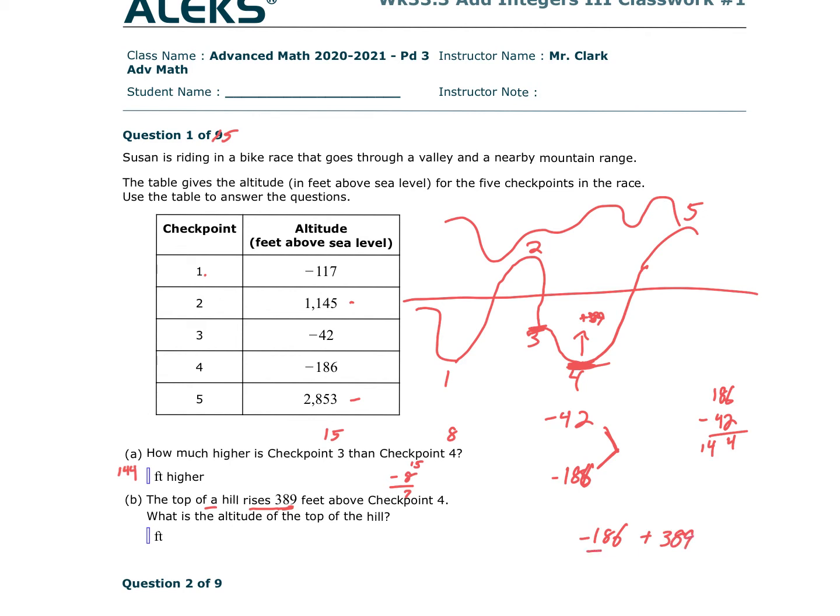Negative 186 is 186 away from 0, right? So we're going to have to go up 186 and then see the difference. So 389 minus 186 will give you a positive value of 203. So we're going up 186 and up another 203. The answer is 203 feet.